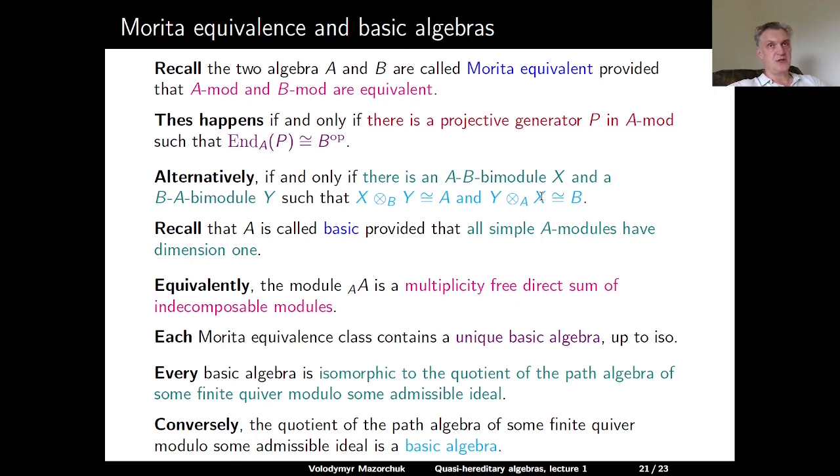The basic algebras are quiver algebras with relations given by admissible ideals, and up to Morita equivalence, all finite dimensional algebras are like that. So if we have a finite dimensional algebra and we are interested in the category of finite dimensional modules over it, then there is a basic algebra with an equivalent category of finite dimensional modules.